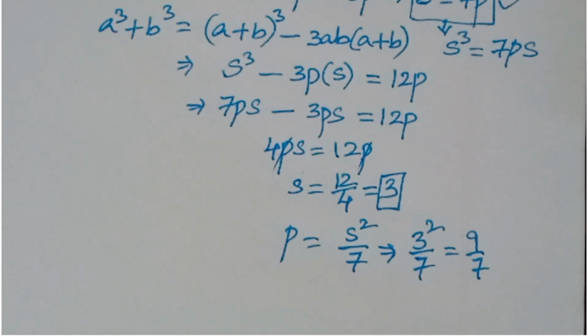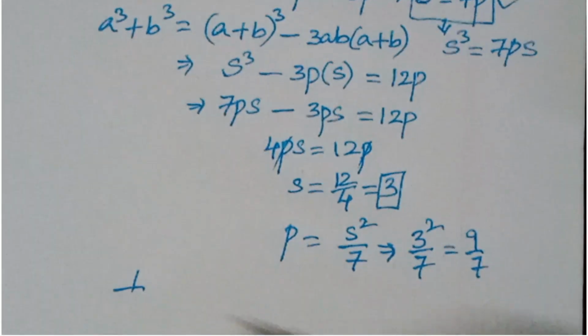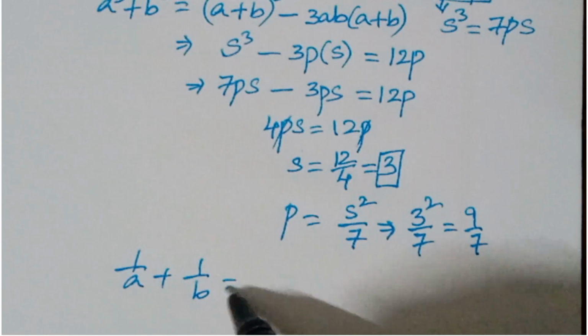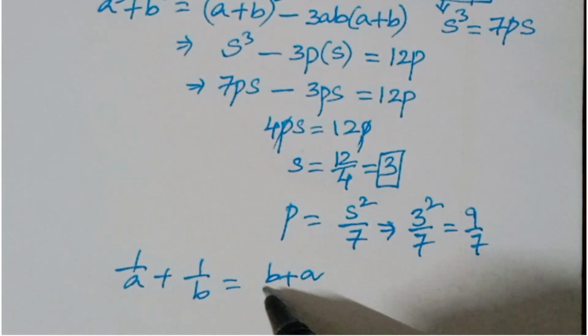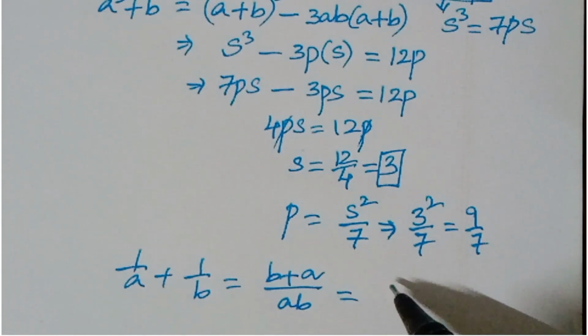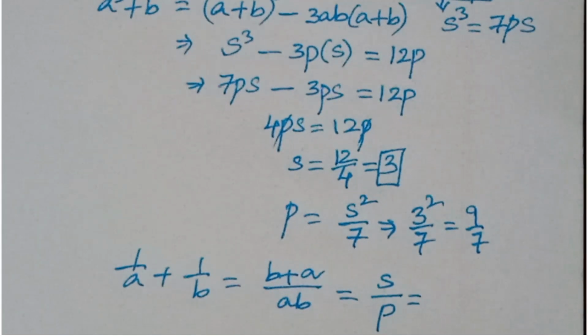Now what is required to find now? You have to find 1 by a plus 1 by b. If you take LCM, b plus a by ab. b plus a here is s, and ab is the p value.